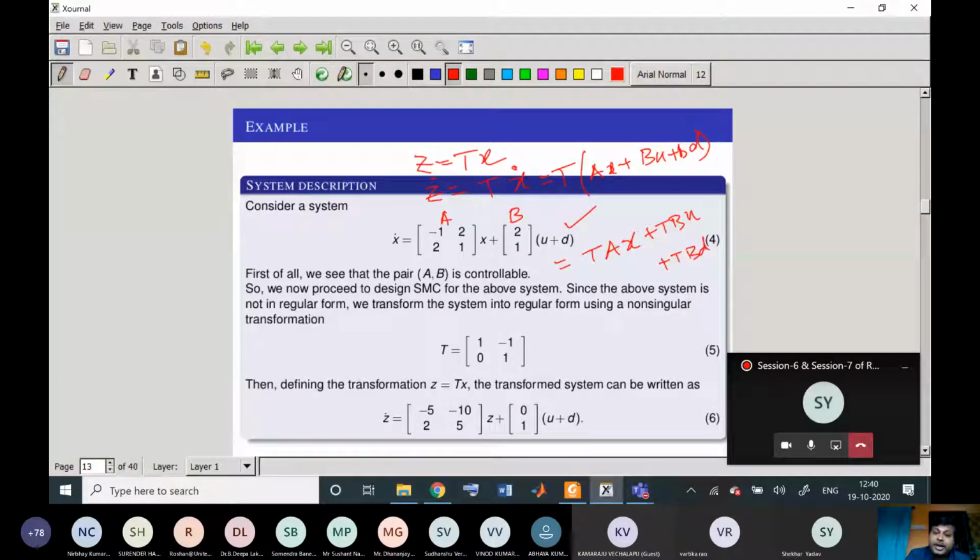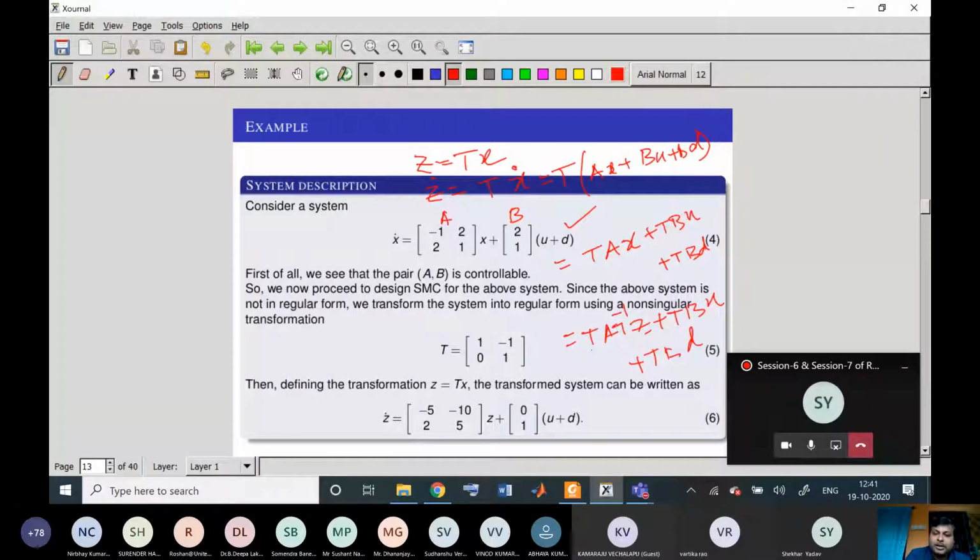Now X, we can write as T inverse Z. So it will be TA T inverse Z plus TB into U plus TB into D.